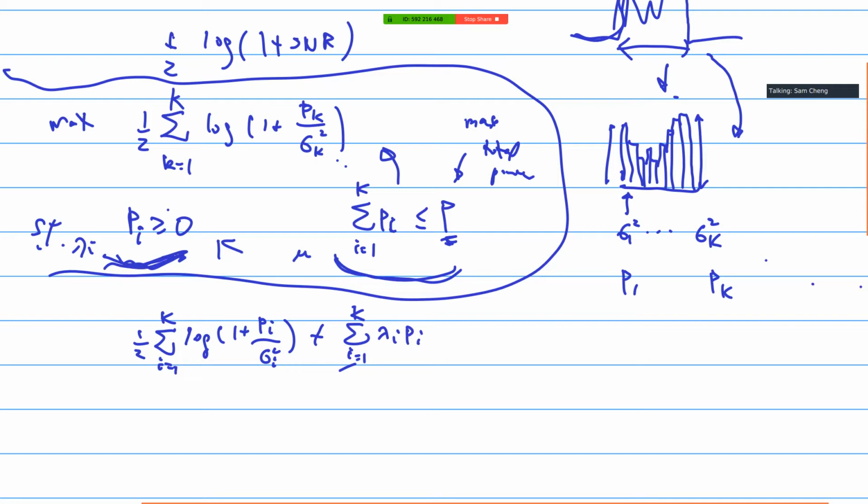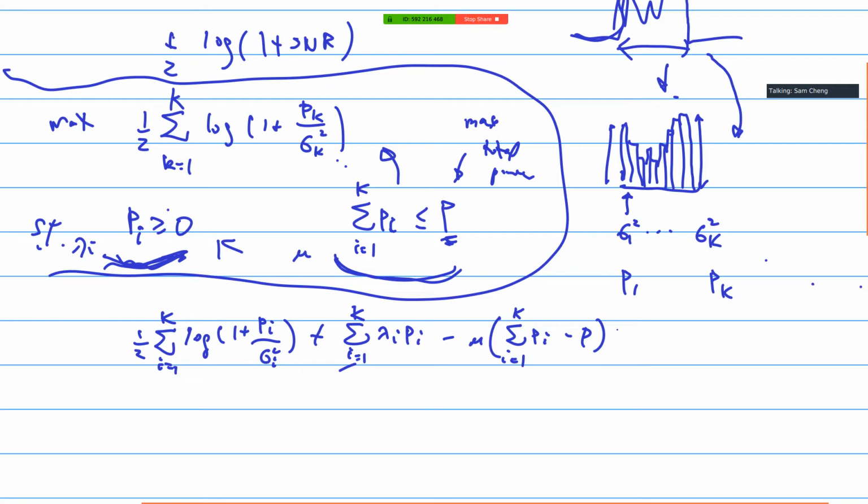That's basically the constraint absorbed into here, and then minus mu times sum over i equal to 1 to K of pi minus P. So something like that.